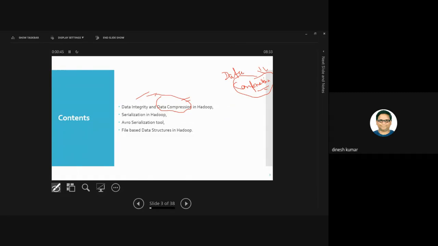Data integrity and data compression. With data integrity, the data that is generated is the same data that is kept, or the same data that is transferred and received at the other end. How the data can be kept secure, or how data is protected, etc. These issues are discussed here under data integrity.